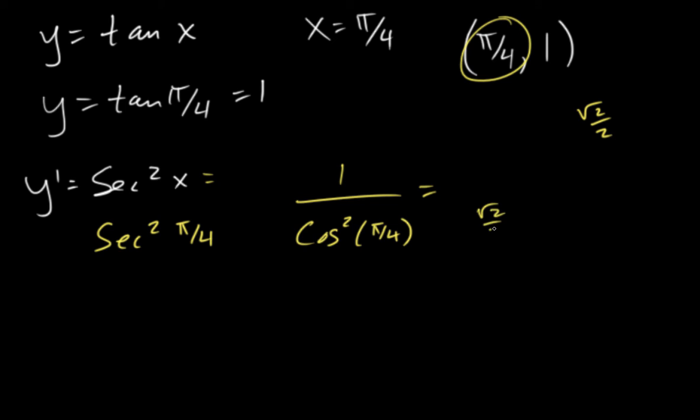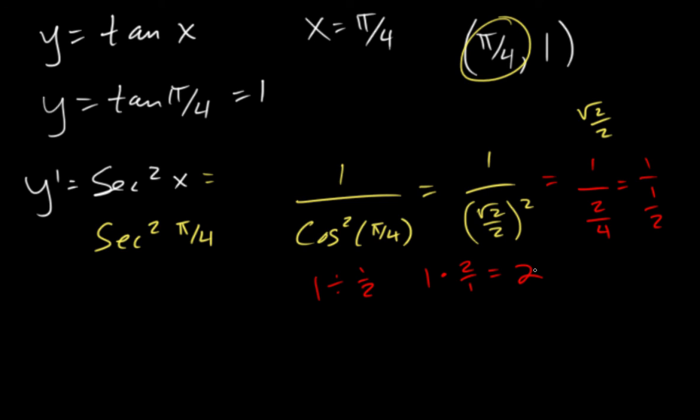So square root of 2 over 2, quantity squared over 1, like that. If we square that, we're going to get 2 over 4. So we're going to get 1/2. And so if we go through that 1 divided by 1/2, 1 times 2 over 1, that's just equal to 2. So the slope is 2.